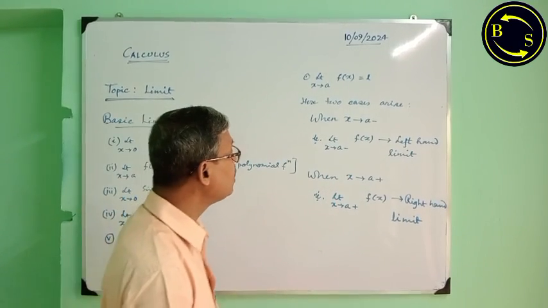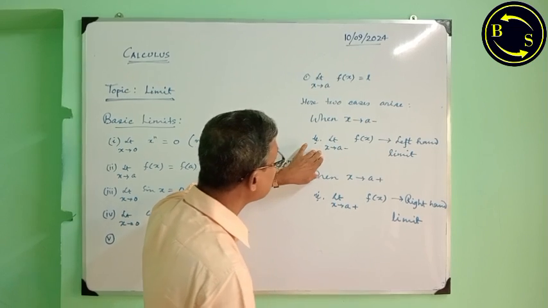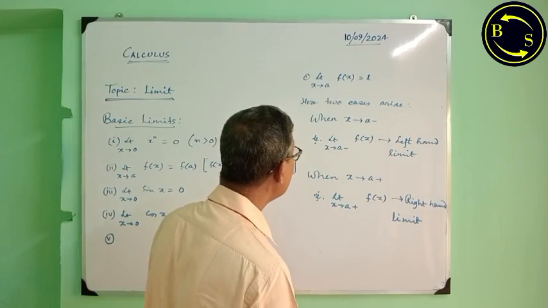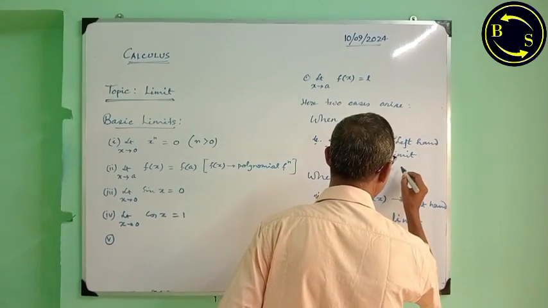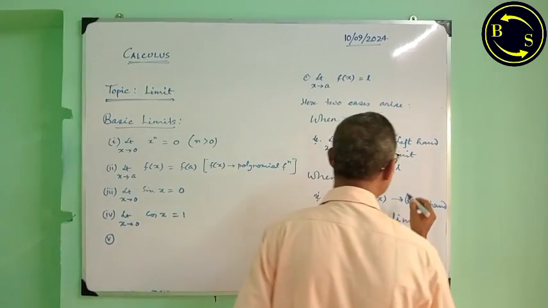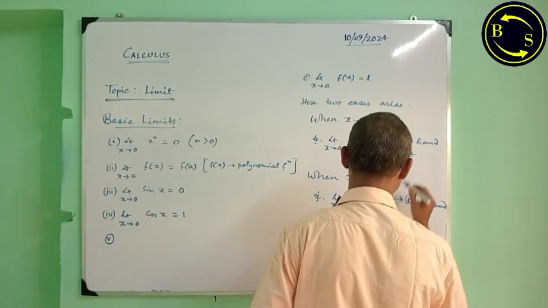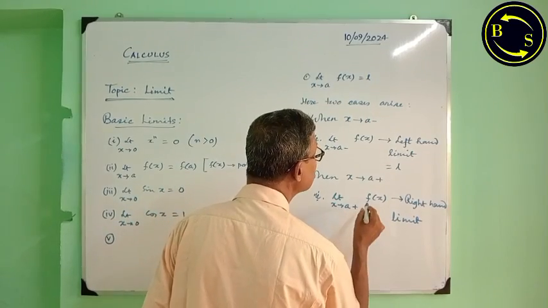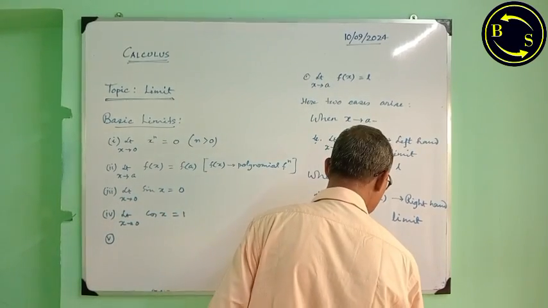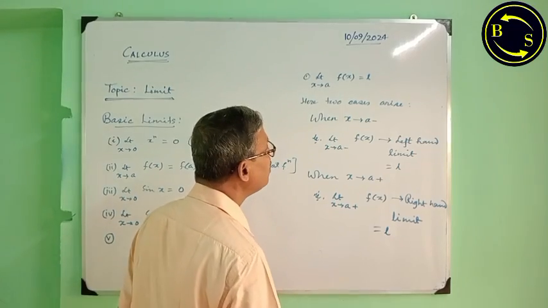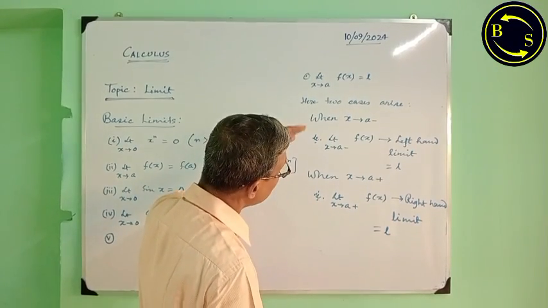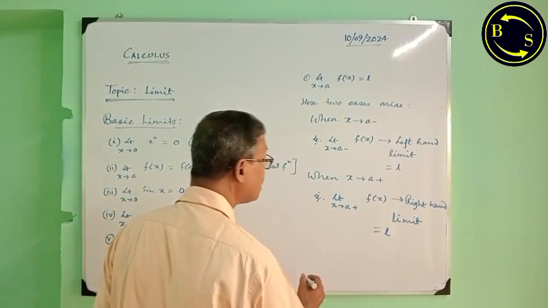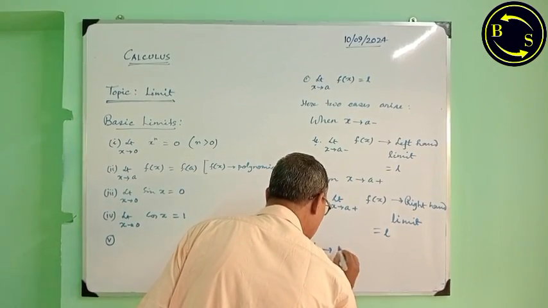And if we find the value of left hand limit, that is limit x tends to a minus fx, say L, and right hand limit, that is x tends to a plus fx, that is also L. Both left hand limit and right hand limit have the same value, where L is a finite number.